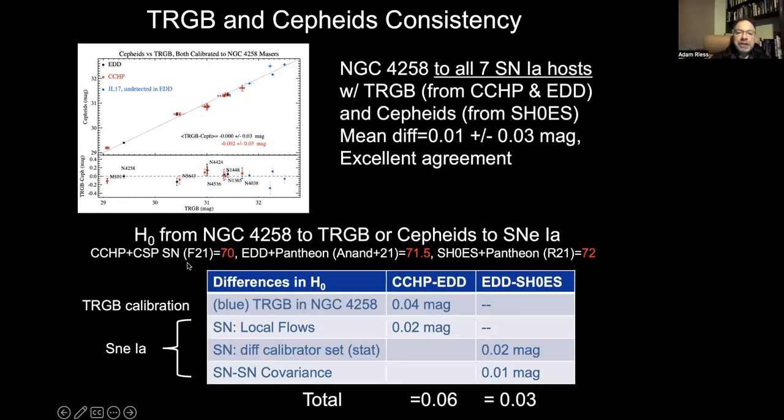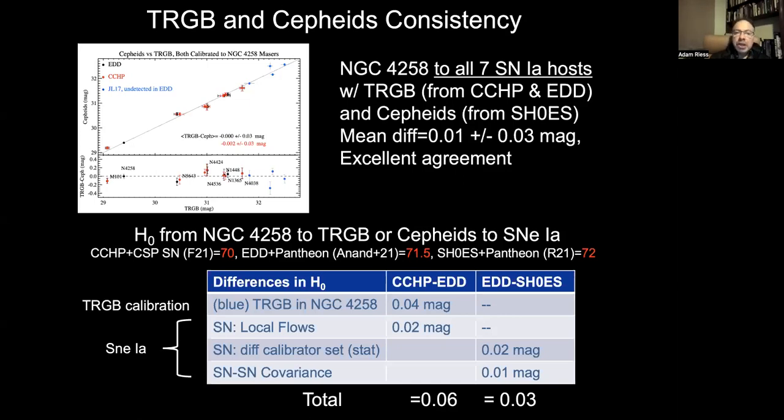These are two different techniques for fitting the tip: these folks use edge detection, and these folks use maximum likelihood or luminosity function fitting. Already that difference is about 70 to 71.5. And if we use the same anchor, the same first rung as these folks, we get 72. So these are at this point not very different, not even a sigma difference.